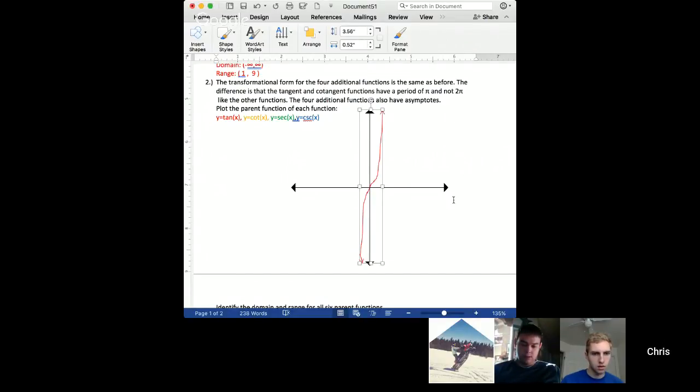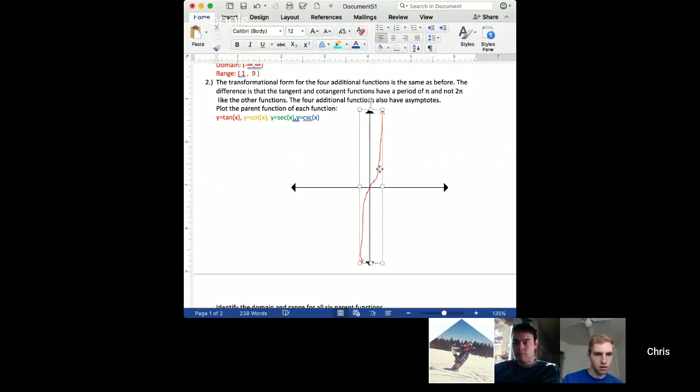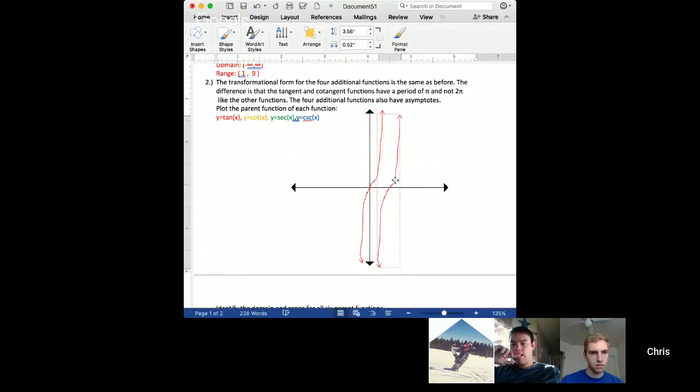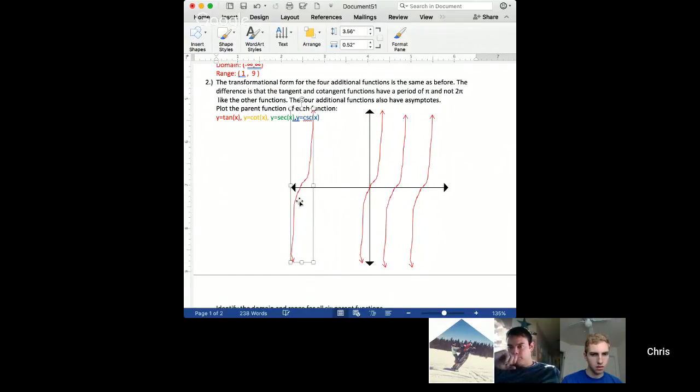Okay. And so we have this as the graph of tangent, and that's the graph. And it repeats itself like that, and like that. And there's a vertical asymptote between each of these. So this is a parent tangent graph.